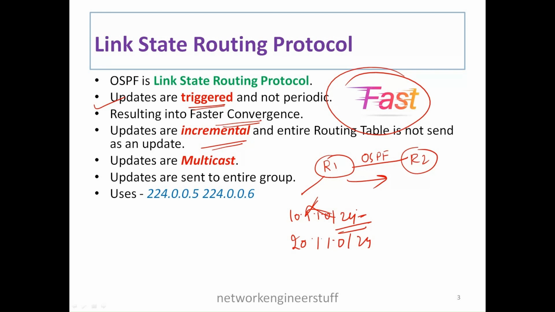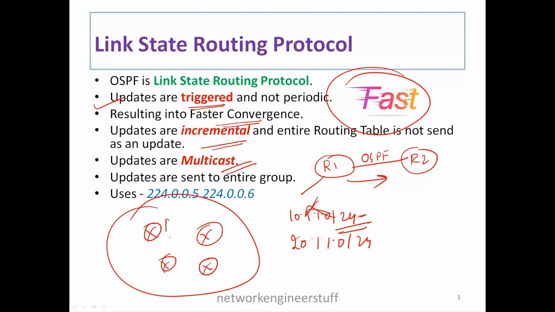So it will only send that incremental update and not the entire routing table as part of an update. Again, in OSPF, the updates are multicast. So when we say multicast, we mean to say that these updates are sent to the entire group. So what is the benefit of the updates being multicast? Let's say in this particular domain or area, there are multiple routers: router 1, router 2, router 3 and router 4.